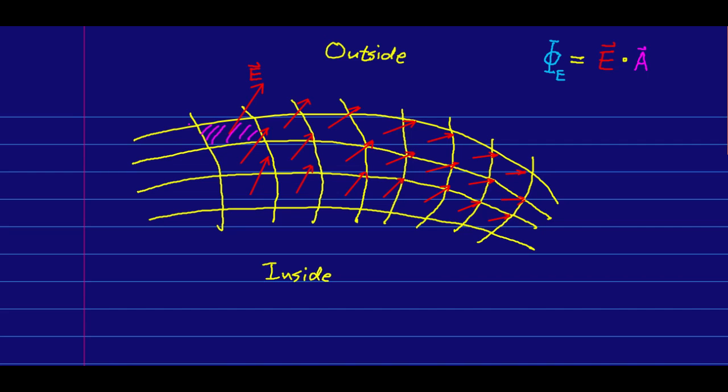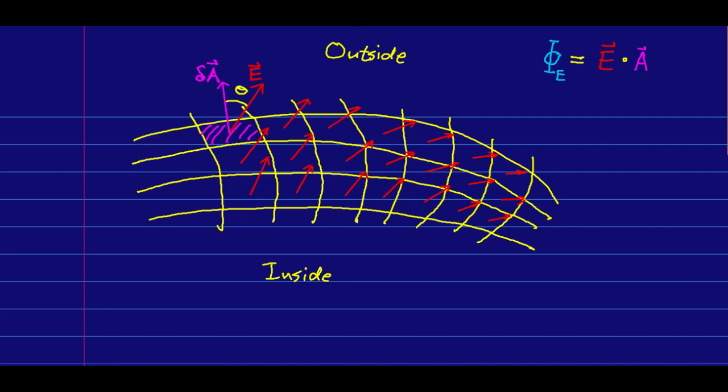And now each chunk has some area, let's call it delta A, and so I can define for each chunk an area vector which is perpendicular to that chunk, which I'm approximating as a flat plane, and so we would call that area vector delta A. And there is some angle between that area vector and that E field.